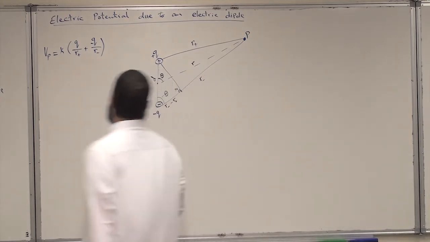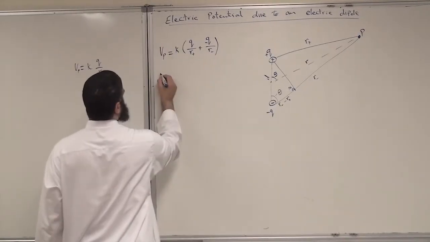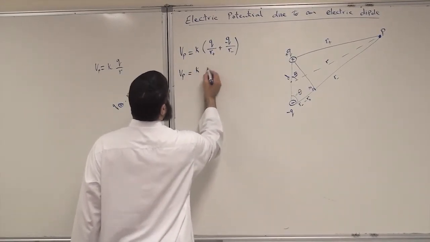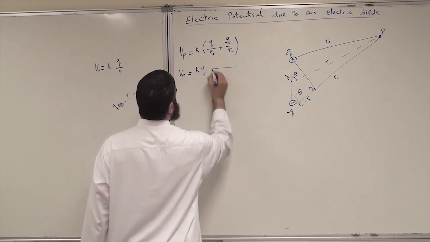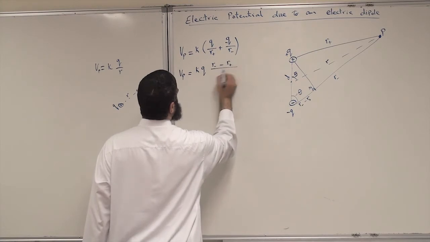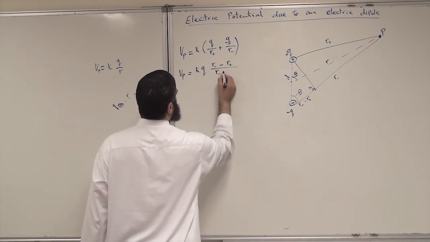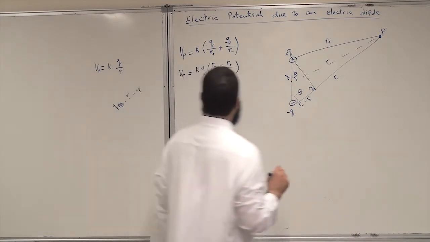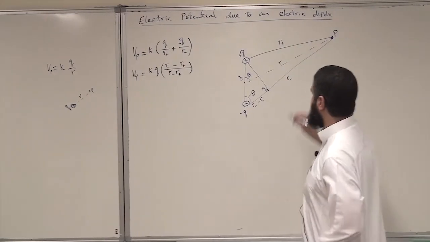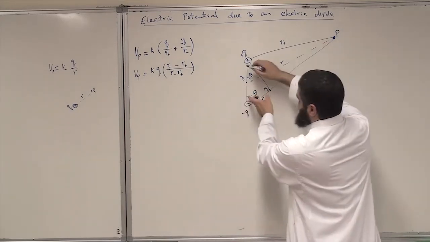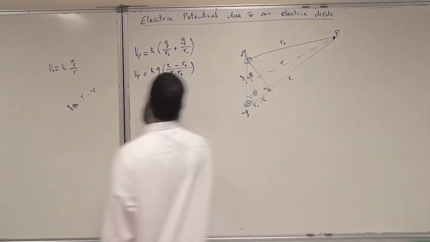Let us simplify the situation here. So this is V equals KQ multiplied by R minus minus R plus, divided by R minus multiplied by R plus. Let us make some approximations.